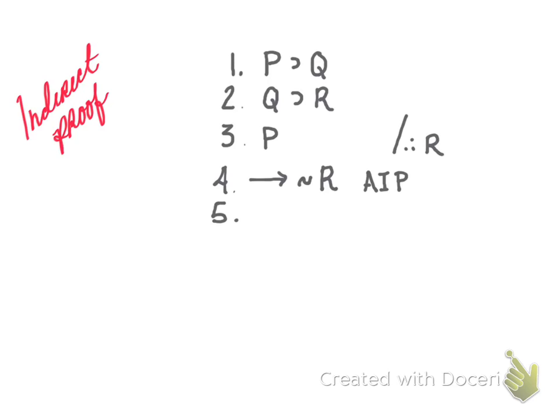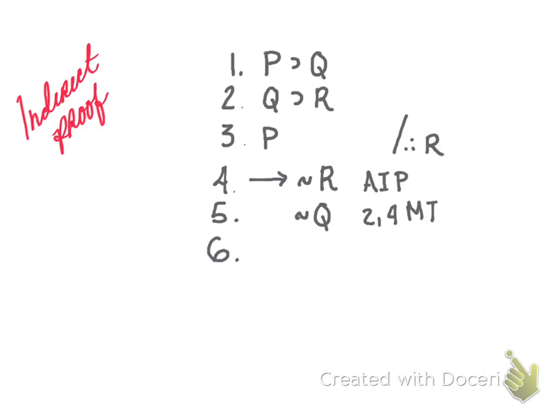Well, now we have the negation of the consequent of the conditional on line 2. So we could get the negation of its antecedent by 2, 4 modus tollens. Now we have the negation of the consequent on line 1.